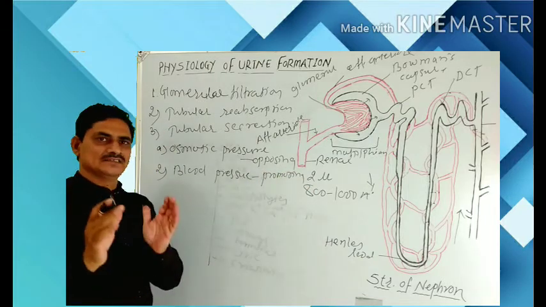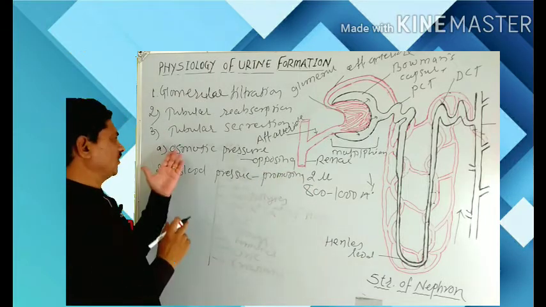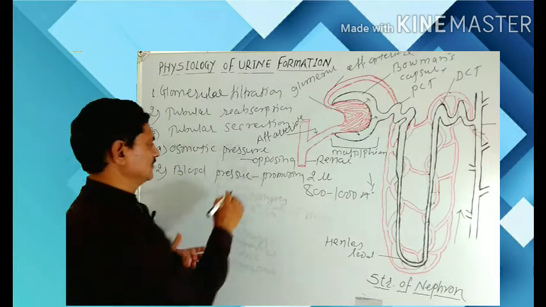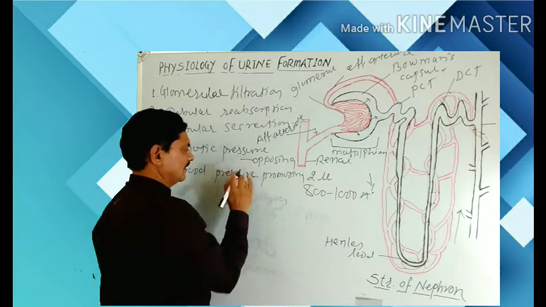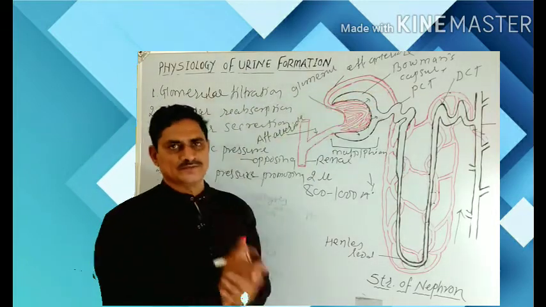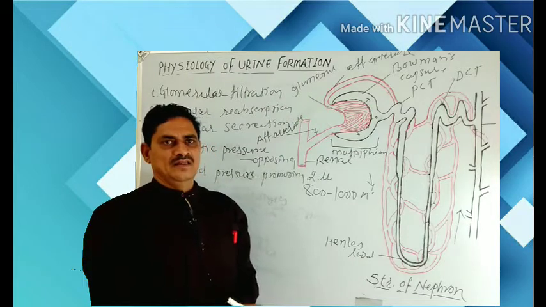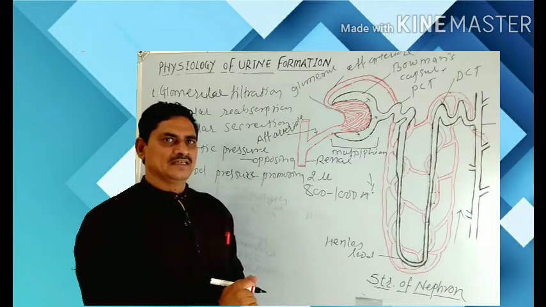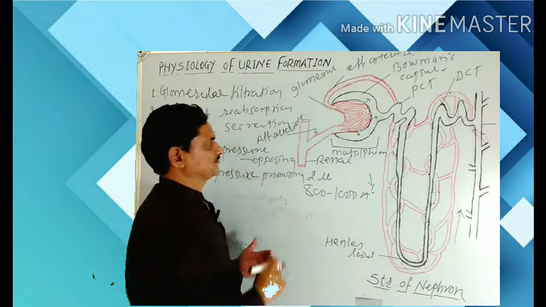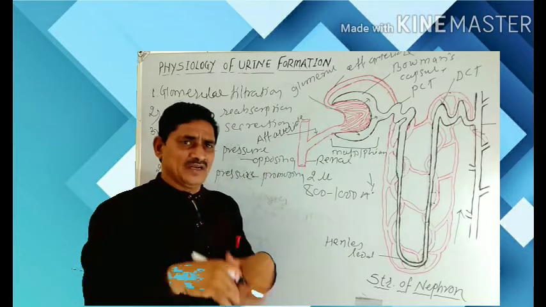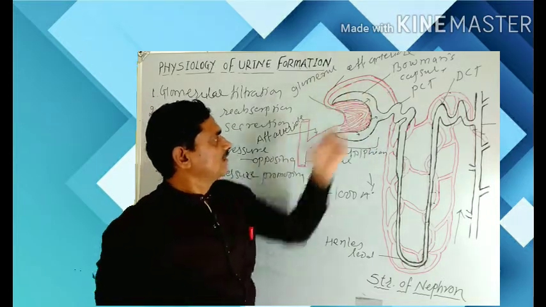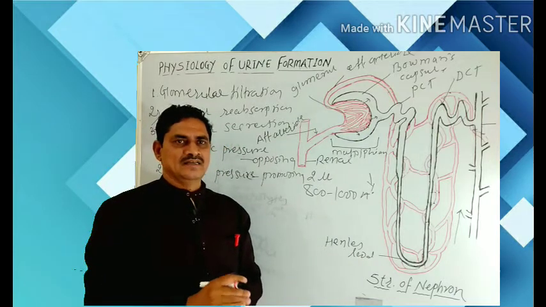So, these 2 pressures, the osmotic pressure and the hydrostatic blood pressure, are responsible for the filtration through this glomerulus. The blood pressure in the blood capillaries present in the different tubular parts varies.